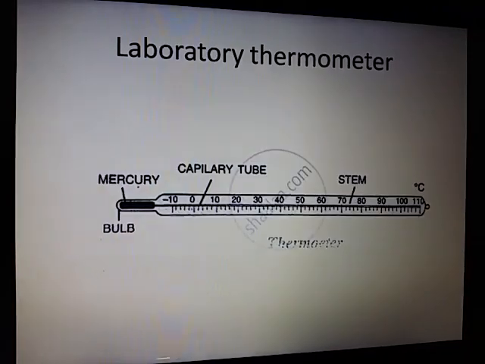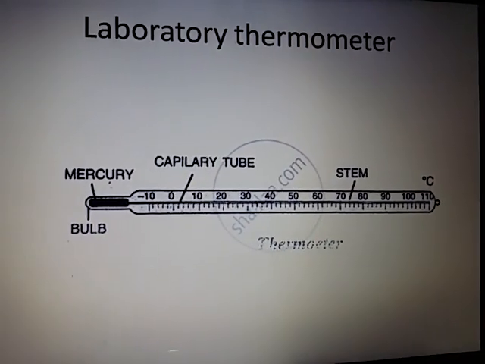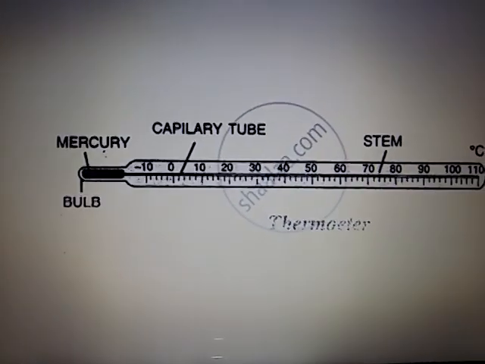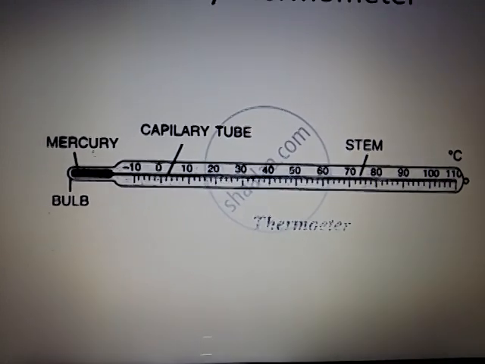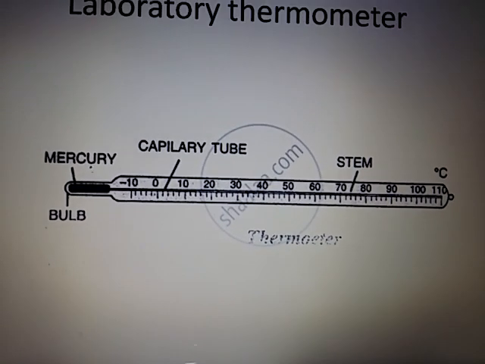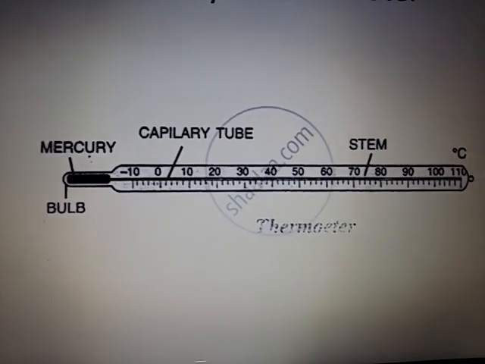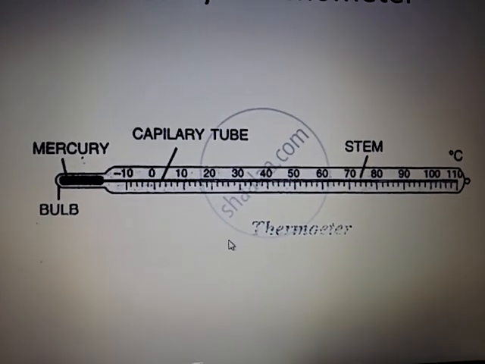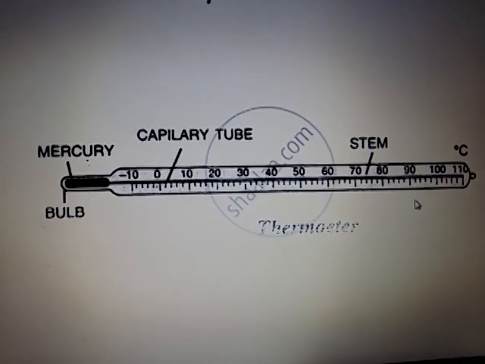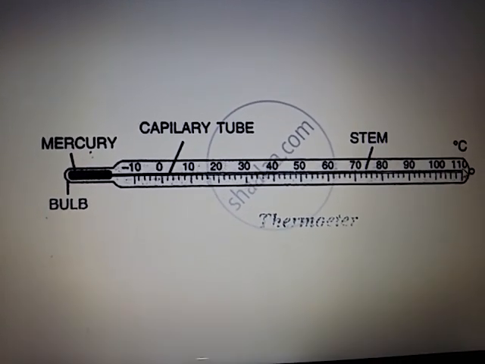Okay, this is the range of a laboratory thermometer, minus 10 to 110 degree Celsius.